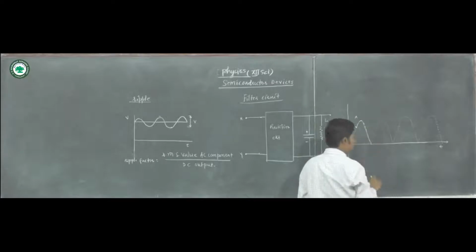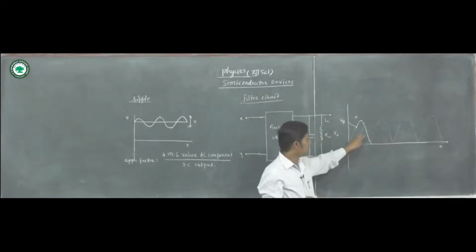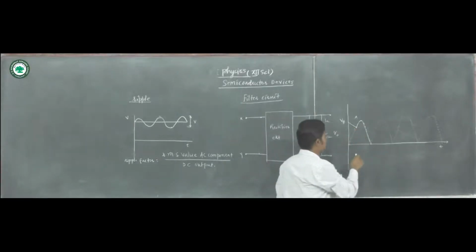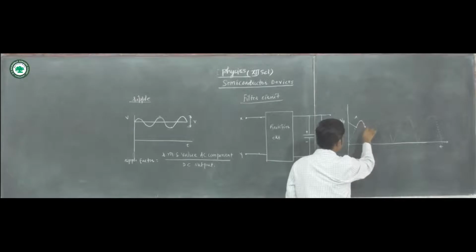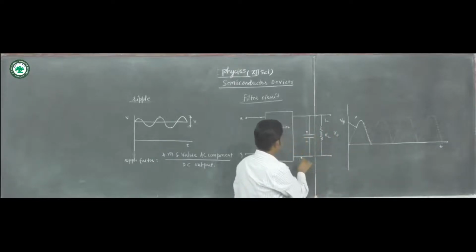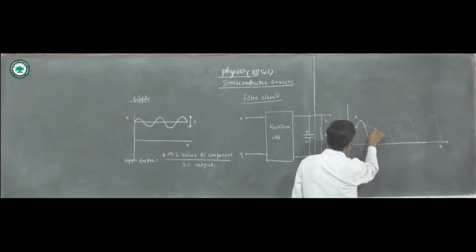After charging, the capacitor starts to discharge when this voltage starts to decrease. When this voltage starts to decrease, the capacitor which is connected in the filter circuit starts to discharge, and it reaches to this point.